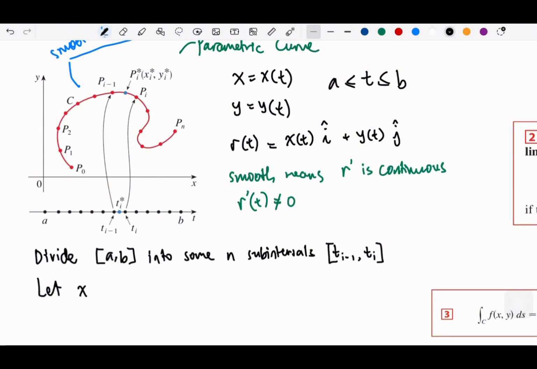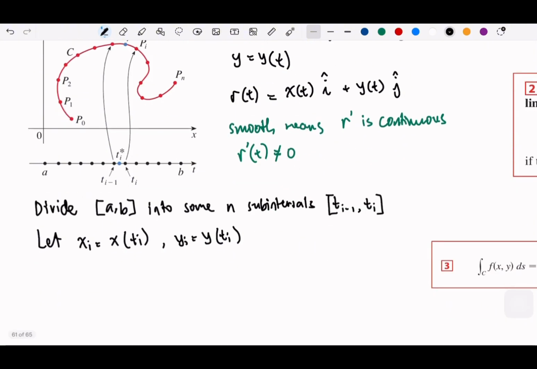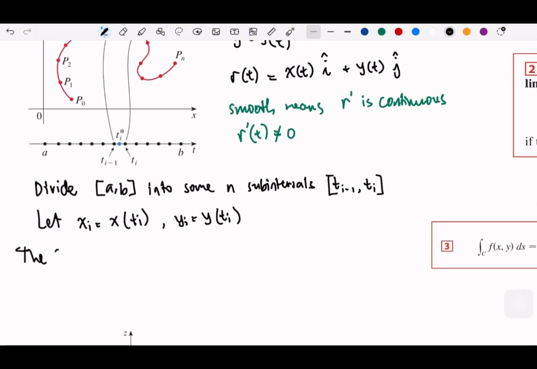And then the curve C will be divided into n subarcs. Okay.